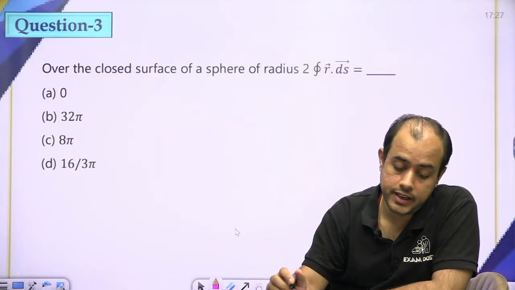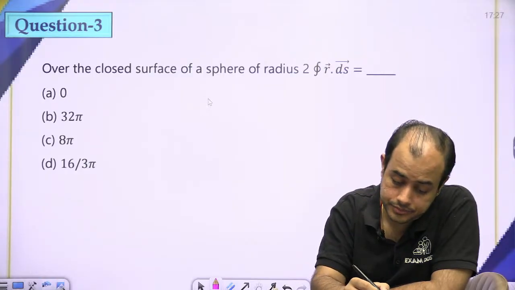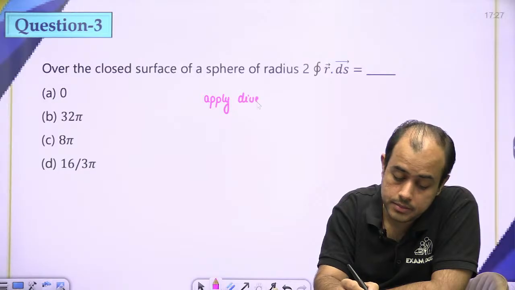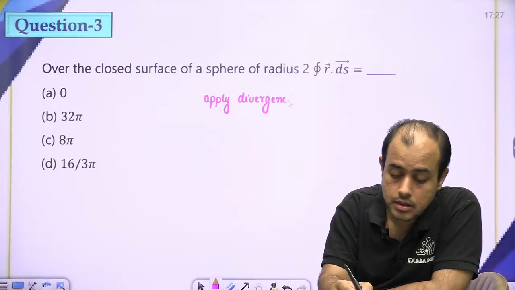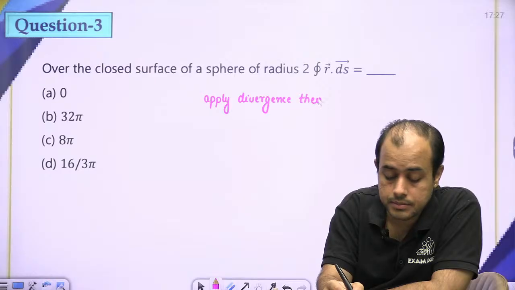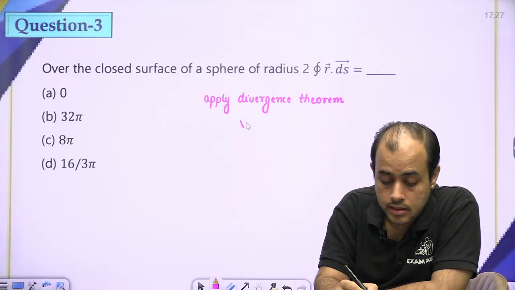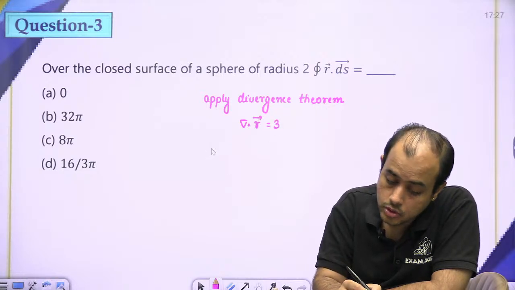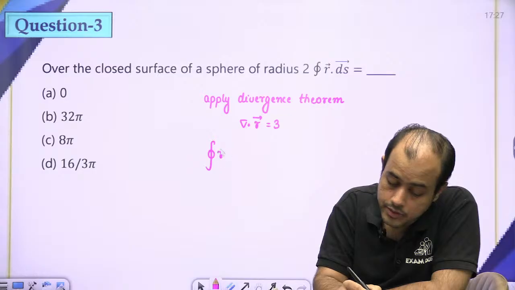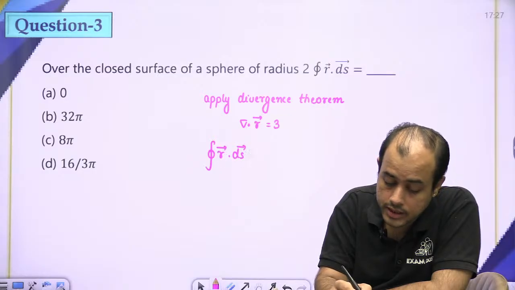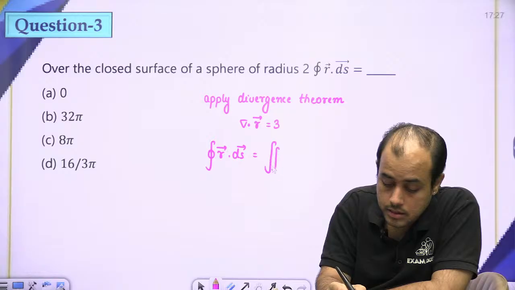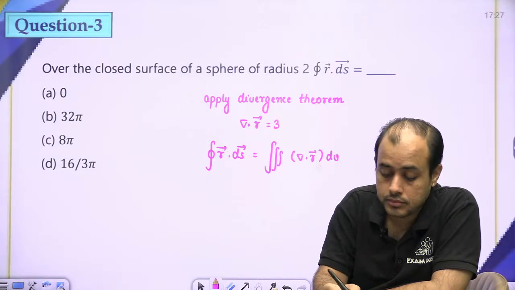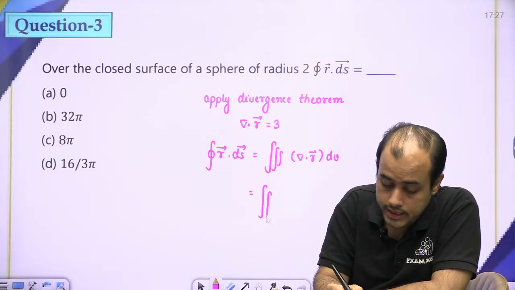Over the closed surface of a sphere of radius r. Again beta, apply divergence theorem. Then del dot r vector will be 3. So r dot ds becomes integral of del dot r dv, so that is 3 dv.